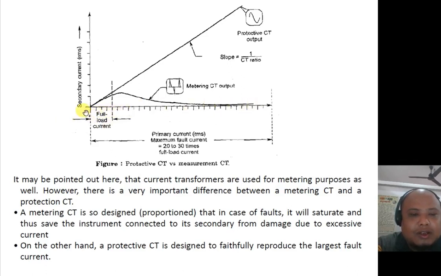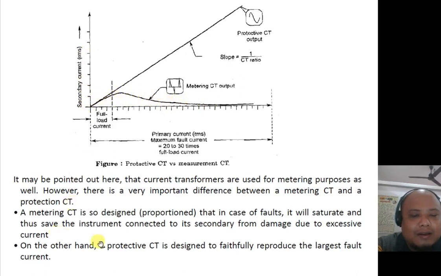On the primary side, current is increasing, but the secondary side increases only up to the saturation point. After that point, even though the primary current is increasing, due to saturation the secondary side current will be decreasing. That is the characteristic of metering CT or measuring CT.